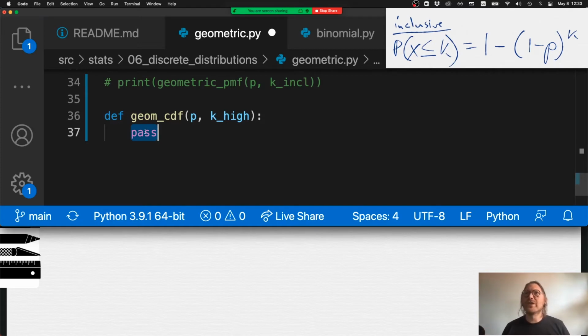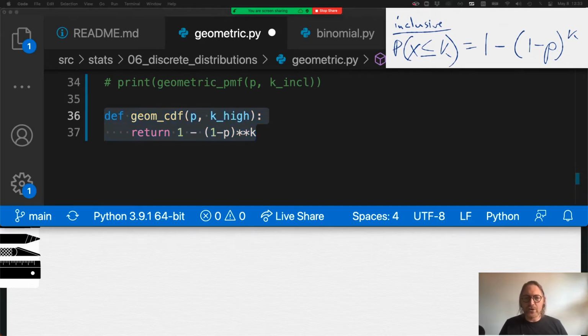Okay, so this is just return 1 minus (1 minus p) to the k. That's it. We can use this to answer fairly straightforward questions, right?